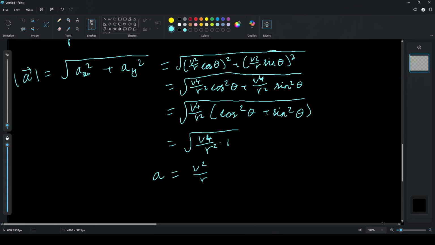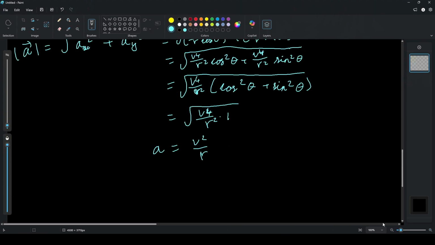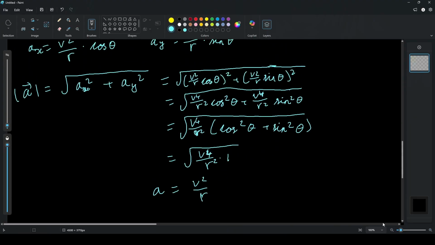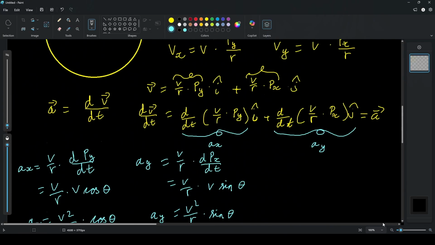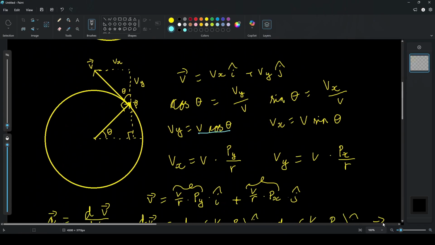Expand it, factor out the v to the power 4 over r squared, and cos squared theta plus sine squared theta is equal to 1. So we'd get this and take the square root of v to the power 4 over r squared, which would be v squared over r. And there you have it. We've shown how acceleration is equal to v squared over r in uniform circular motion.